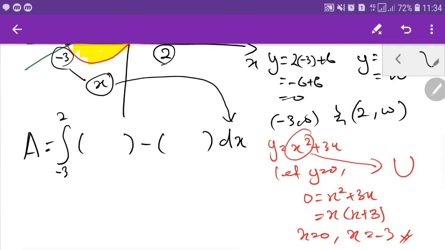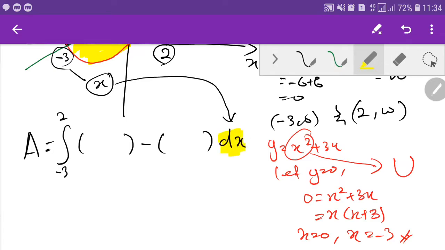In the lecture previously, I shared with you a way to recall: atas tolak bawah, kanan tolak kiri.